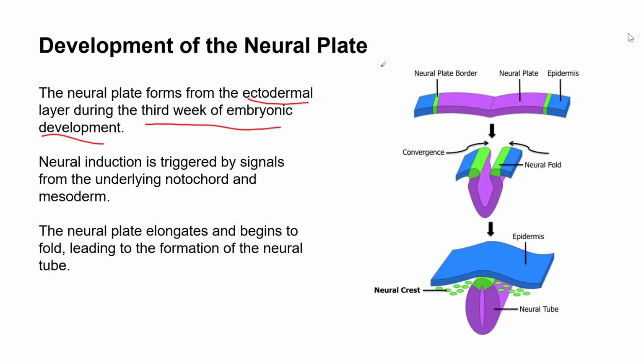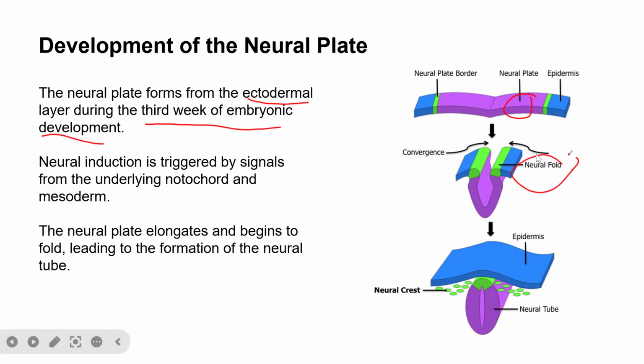As you can see from here, this is where we have the neural plate. The neural plate will first be generated, and it is generated through signaling, which comes from the underlying notochord and mesoderm. After the neural plate is generated, it will elongate and then begin to fold.